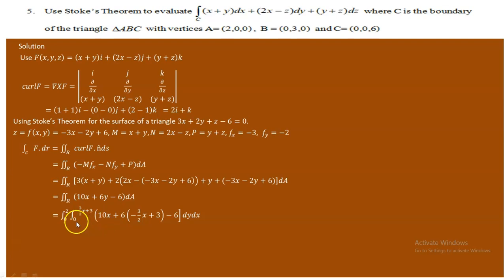Your y range is from 0 to minus 3 over 2 x plus 3, and dy dx can come, so everything is given in terms of x. So after simplifying this, you can obtain this expression, and a single integral with dx is going to come.